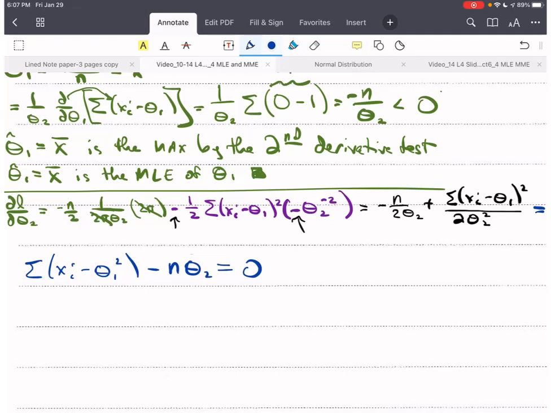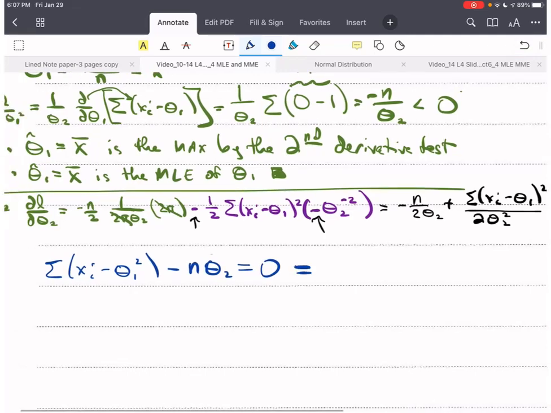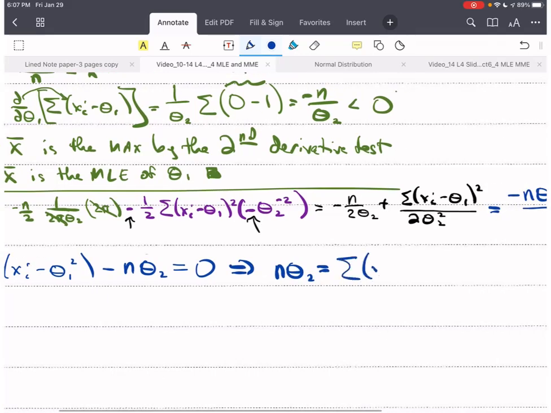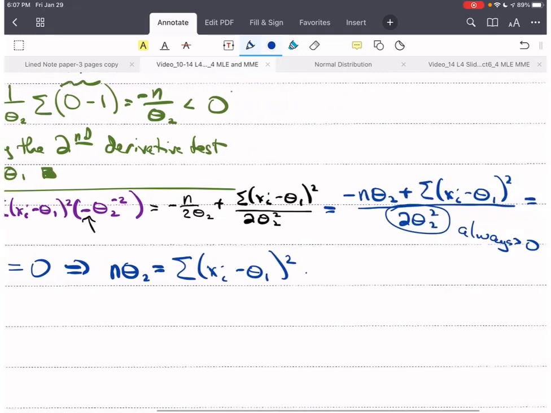So now I don't have any theta 2's over here, so this time I can add this to both sides with no issue because I'm not going to end up canceling out a solution by accident. So this implies that n theta 2 is equal to the sum of xi minus theta 1 quantity squared, which implies that theta 2 is equal to 1 over n sum of xi minus theta 1 squared.